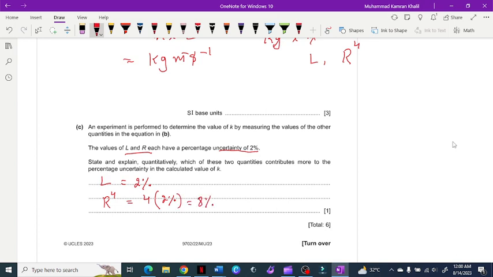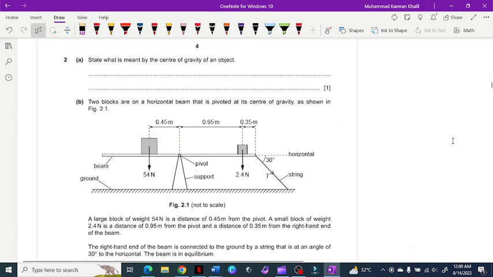So it means that from this quantitative data, we can see that R will contribute more uncertainty. So this is the question number 1 which we have done. Now we will move towards question number 2.